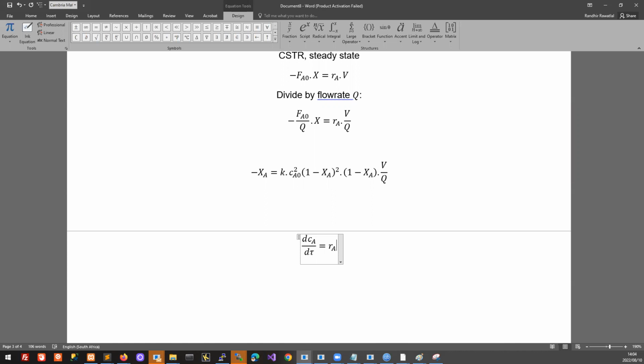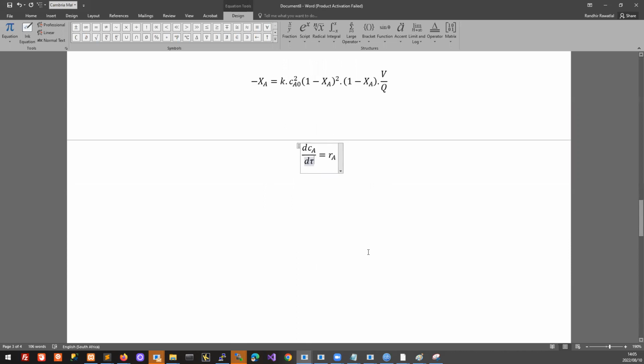So if you look at what we did last time, we derived the expression for the PFR in this way. And you could expand this out. Your tau here, of course, is V over Q. And V we could rewrite as A times Z, right?